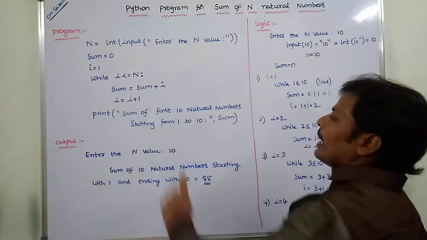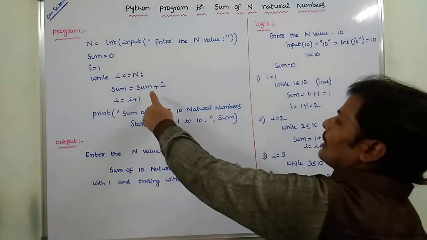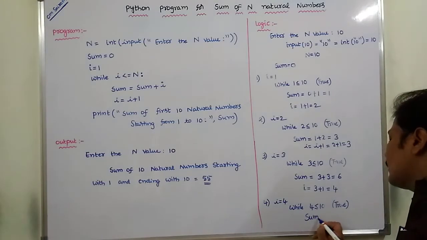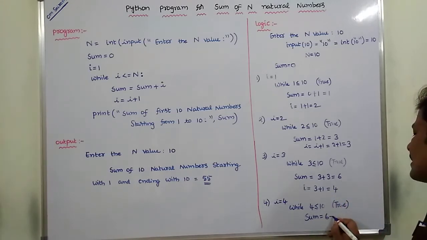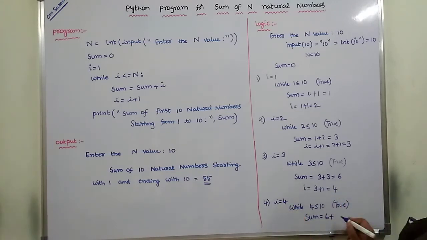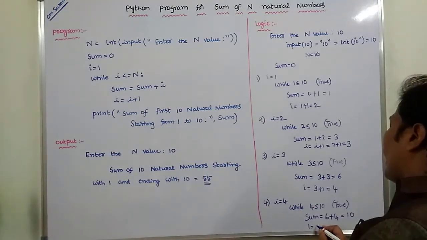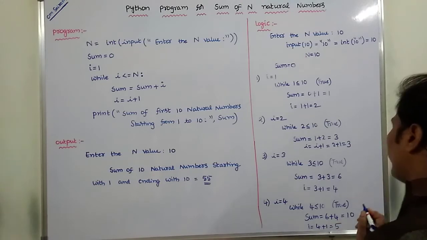Then the control goes to the body of the while loop, where two statements are there. Sum is equal to sum plus I. In the previous step, sum value is 6, plus I value 4, so 6 plus 4 is equal to 10. Next, I is equal to I plus 1. I value is 4, so 4 plus 1 is equal to 5.